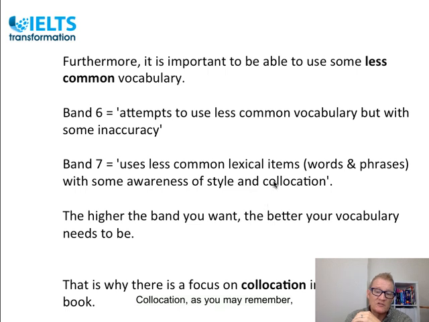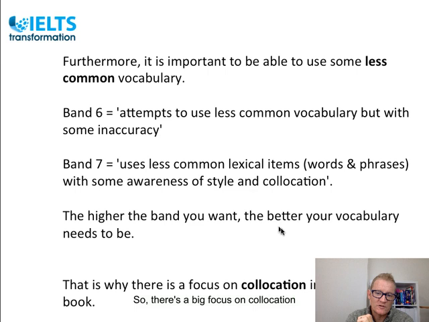Collocation, as you may remember, co means together, location means place. So words that we use together in the same place. So the higher the band you want, the better your vocabulary needs to be. So better means better range, the use of less common words, and of course in the writing, spelling, and making the right word choice, word form, etc.